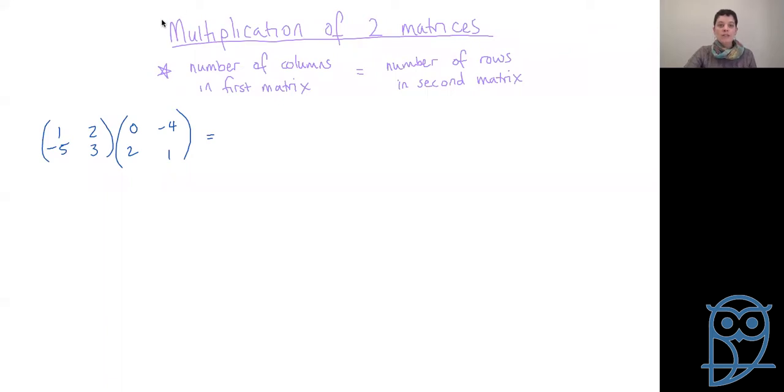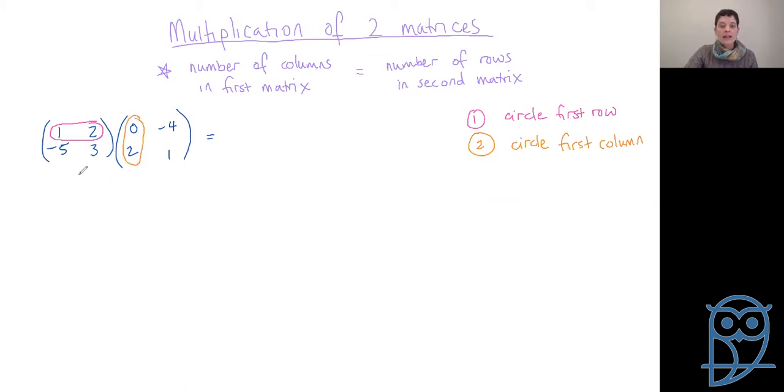So the first thing that we are going to do is circle the first row in the first matrix. Just like that. The second thing we're going to do is circle the first column in the second matrix.